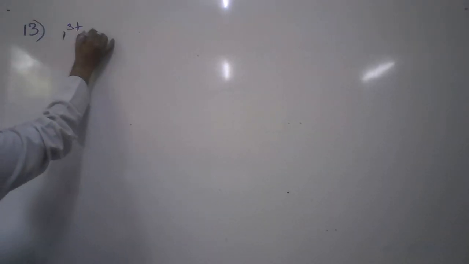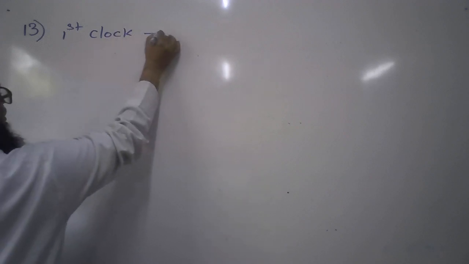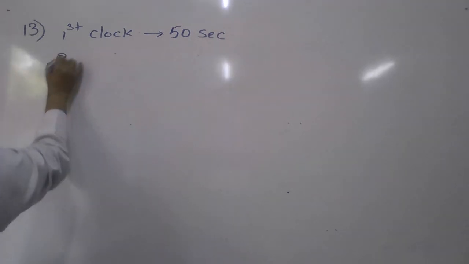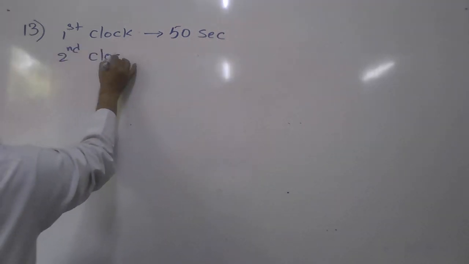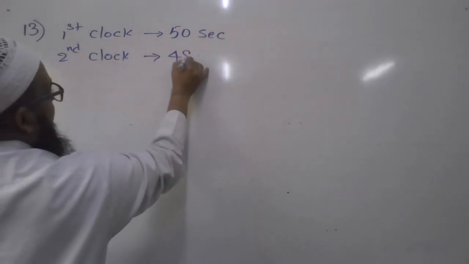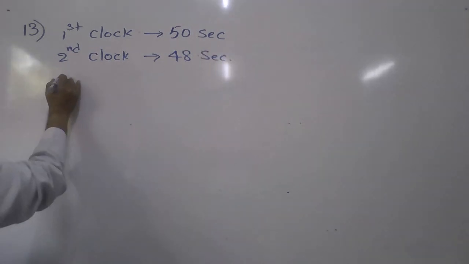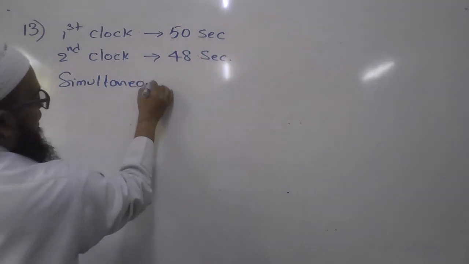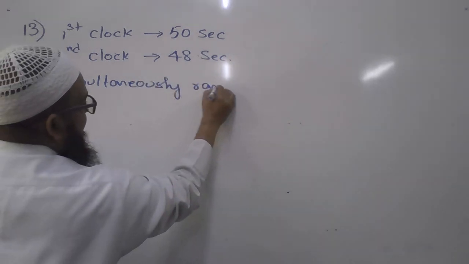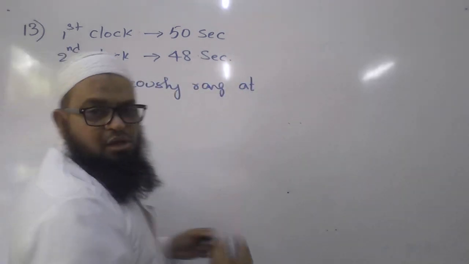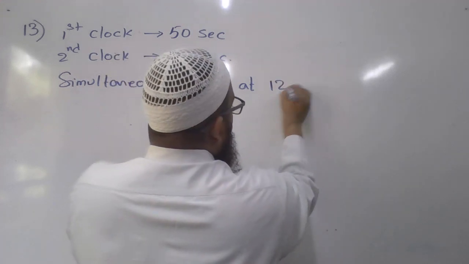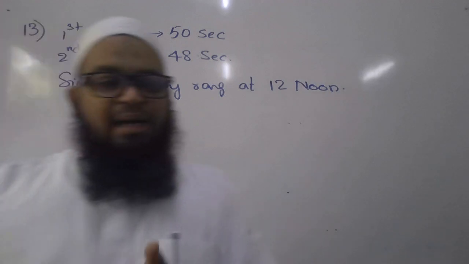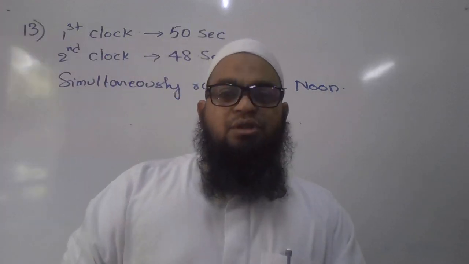The first clock rings every 50 seconds, and the second clock rings every 48 seconds, and they rang simultaneously at 12 noon. At what time will they beep again for the first time?